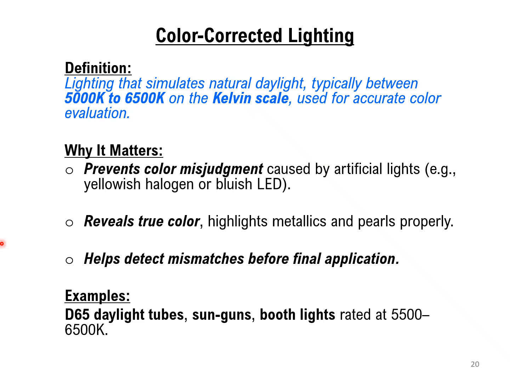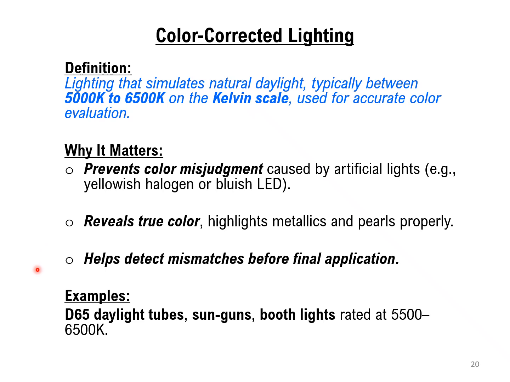Why does it matter? It is very important because it prevents color misjudgment caused by artificial lights, that is, yellowish halogen or bluish LED. It reveals the true color, highlights metallics and pearls properly.